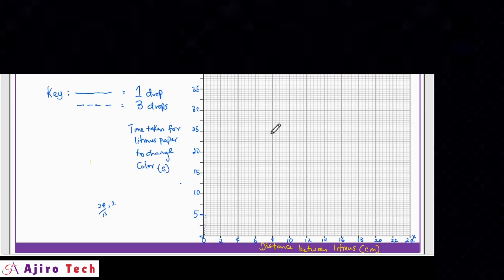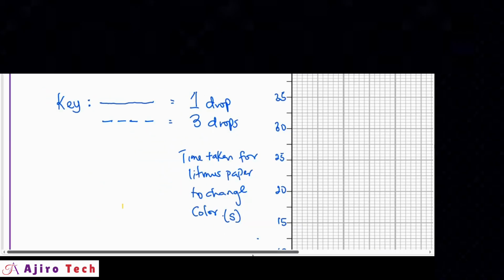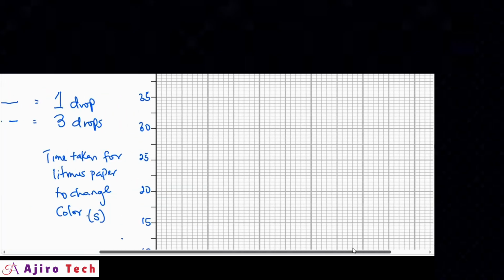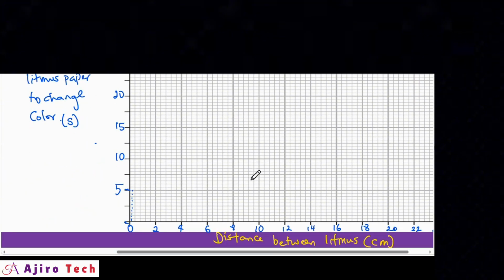Let me enlarge it so that we'll be able to see what we are plotting. So 8, we want to locate 8. So this is 5 here. This and this will be 6. This and this will be 7. This and this will be 8. So here now, let's mark our points.